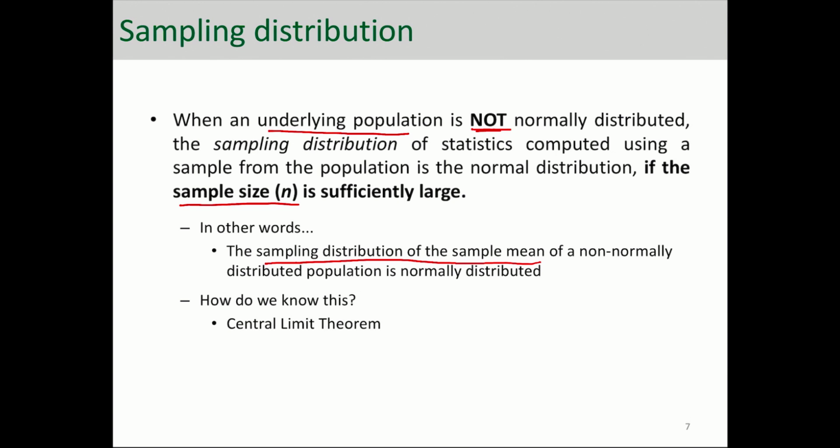And this is because of the central limit theorem, and we'll get into it in a second, but that is a very fundamental fact about hypothesis testing, which is the underlying foundation of this.